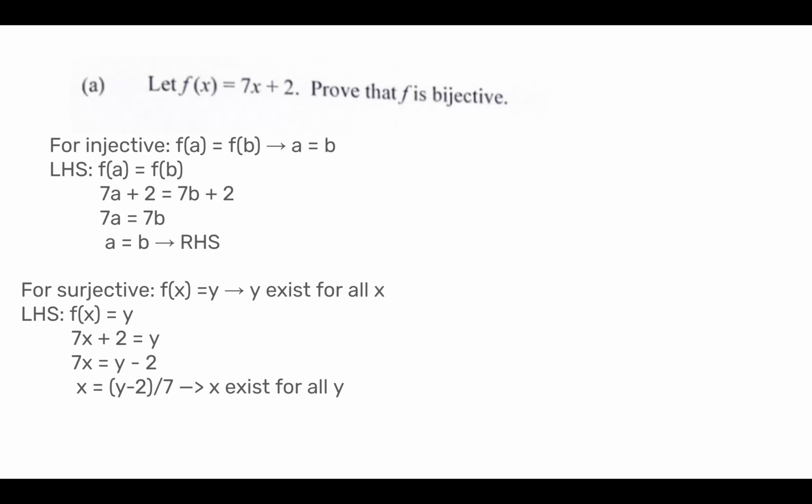You can say all linear functions have an inverse. Therefore, f of x, which is a linear function, must be surjective. You see that? I didn't even mention anything about equal signs or having any math, but it still works out because all I did is explain what surjective is and explain that I know that all linear functions will be surjective, and so f of x must also be surjective.